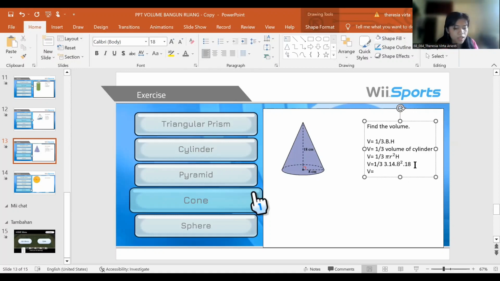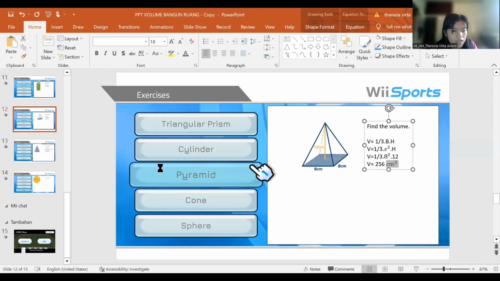And then we got the result is 1,205.76 centimeters cubic.